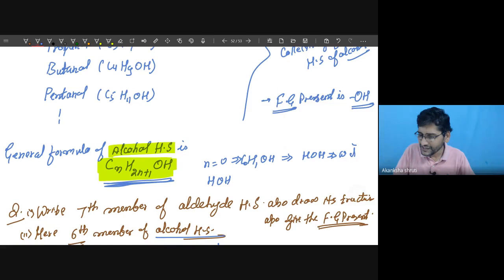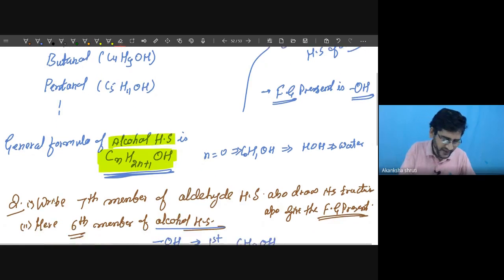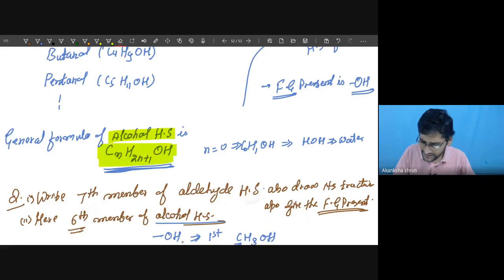Water is not a member or even an organic compound. So whatever this n equals 0 we can think for, that is not possible. So this implies in this case n cannot be 0. That is, n must be counted from 1.